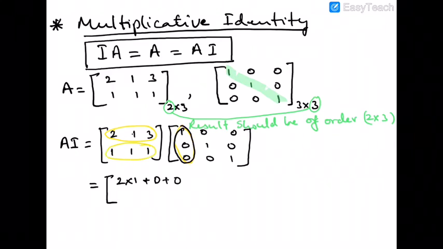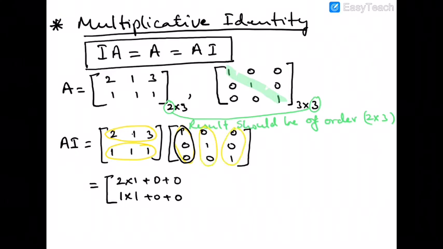Similarly, take the second row of A and multiply 1 with 1, 1 with 0, 1 with 0 and add them. We will get 1 plus 0 plus 0. Now take the second and then third column of the identity matrix and do the same operation again.